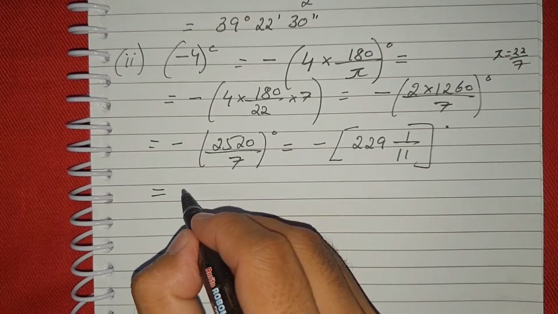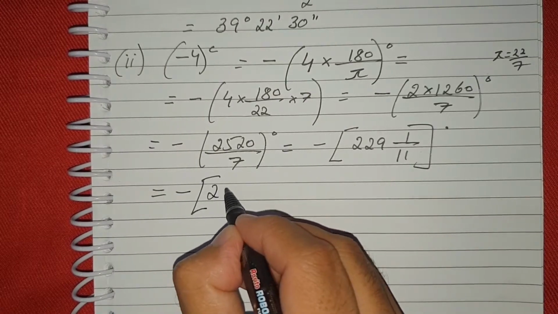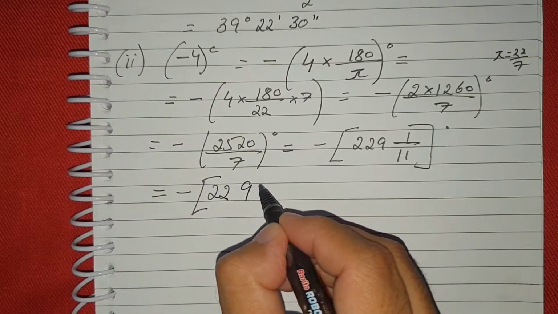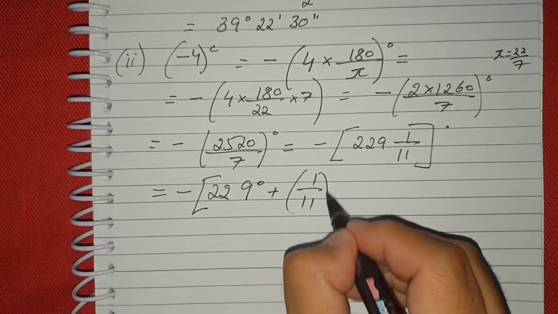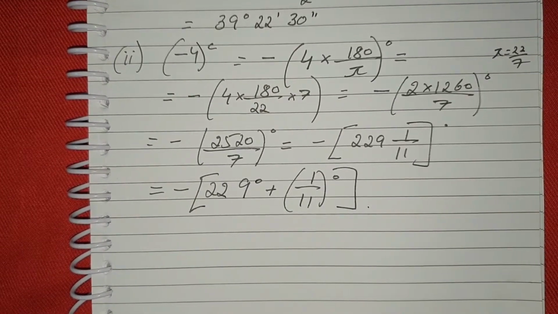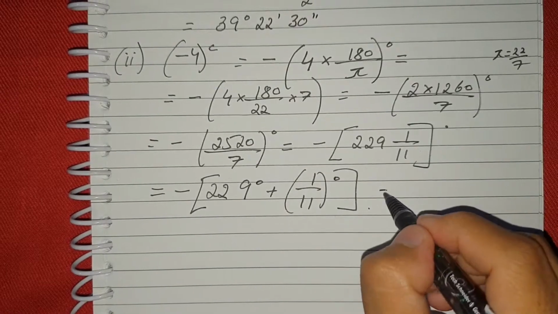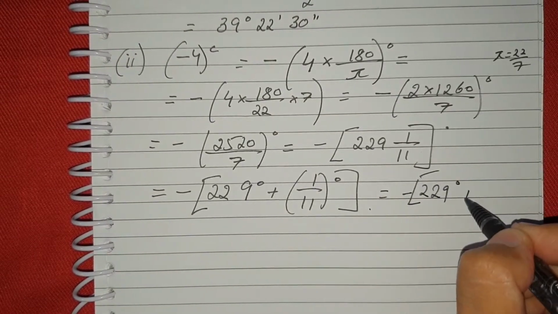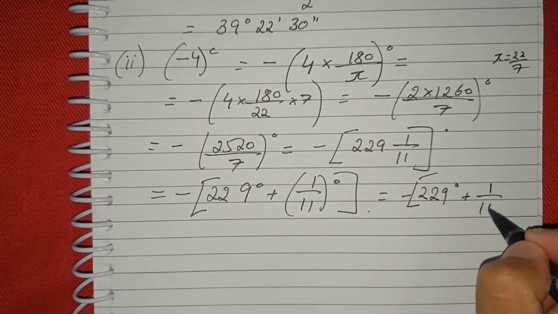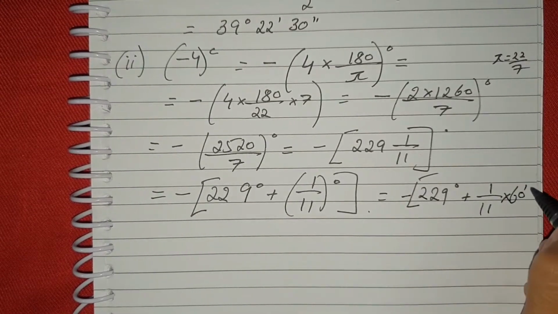So this is basically minus 229 degree plus 1 by 11 degree, which you can write like this. Basically this is minus 229 degree plus 1 by 11 into 60 minutes.